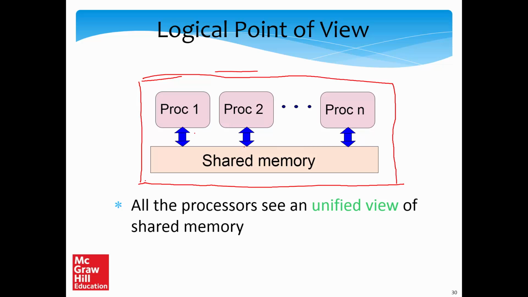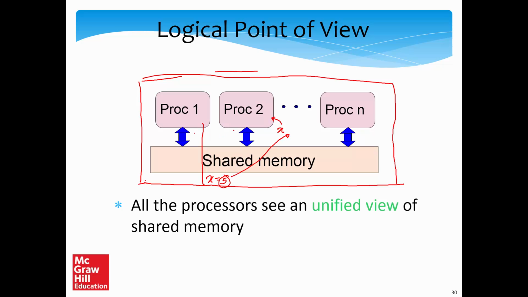So all the processors see a unified view of memory, in the sense that if this processor writes to address x, gets x equals 5, and after some time this processor reads the address of variable x, assuming that these are multiple threads which share the memory space, it will get the same value, which is 5, right?